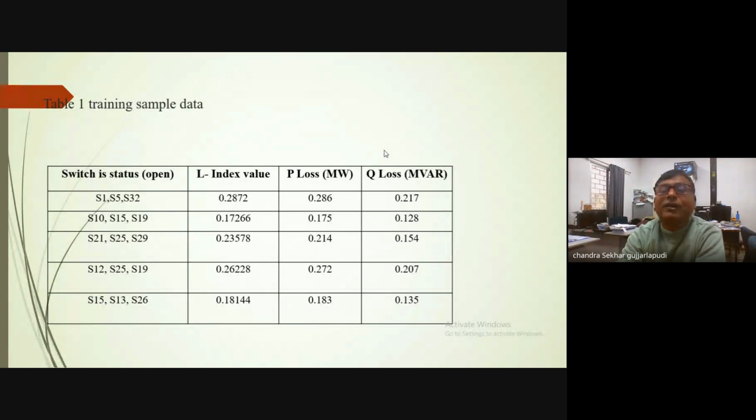That data you can easily compute using load flow analysis. To find a machine learning model, you need a good data set. Once you have the data set, you can train the system, and afterwards you can find the L index or P loss or Q loss for any configuration.